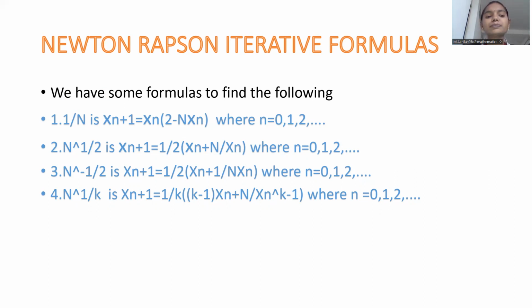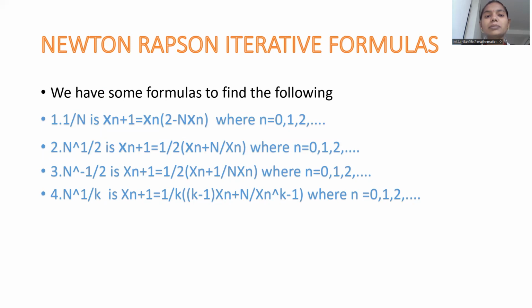Square root of the number: the (n+1)th approximation is x(n+1) = 1/2 (xn + N/xn), where n = 0, 1, 2, and so on. To find the reciprocal of the square root of the number, the (n+1)th approximation is x(n+1) = 1/2 (xn + 1/(N xn)), where n = 0, 1, 2, and so on.